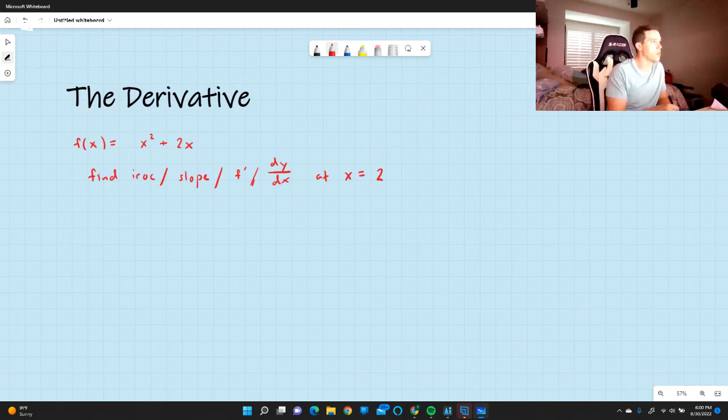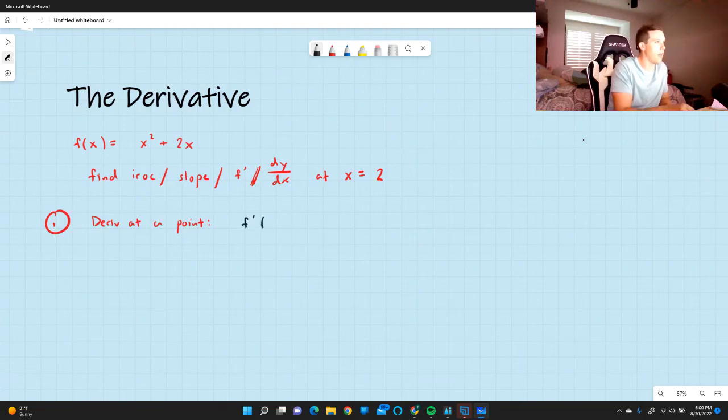It's 2x plus 2. You plug in 2, so 6. But we're trying to remember the formulas for how to do this. So the first one is called the derivative at a point. How do you find the derivative at a point? Use the formula, which is literally the slope formula. And it looks like this.